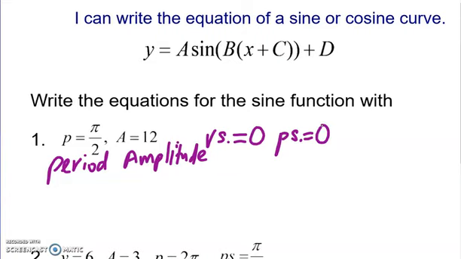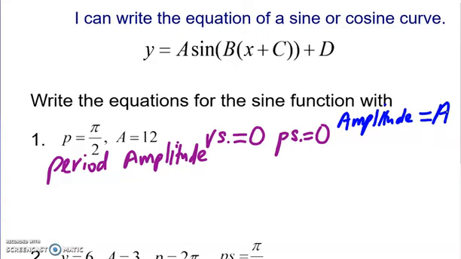Okay, so let's go through and write some of these down. If you're given any amplitude number, then the amplitude is just the a value that you're given. So you're done, there's no real work to be done. I'll come back to the period in a second, but let's do the vertical shift.